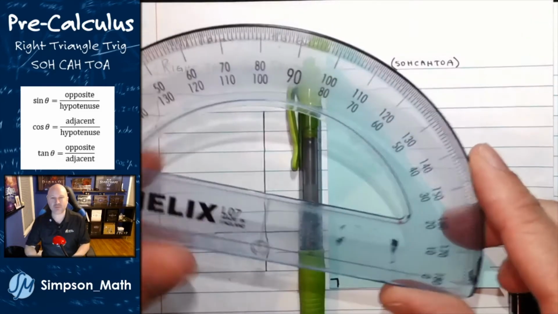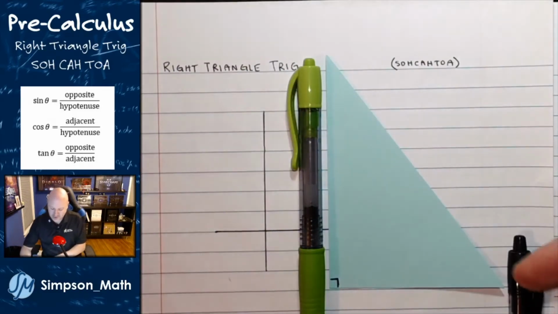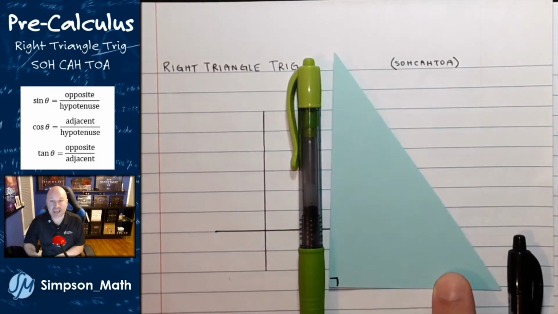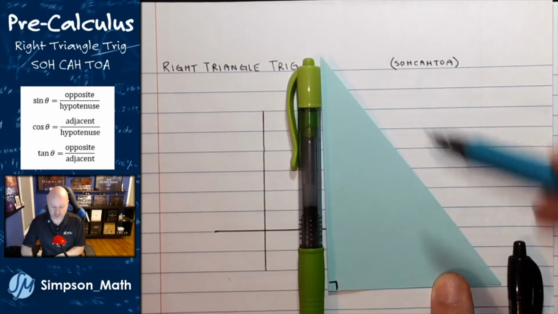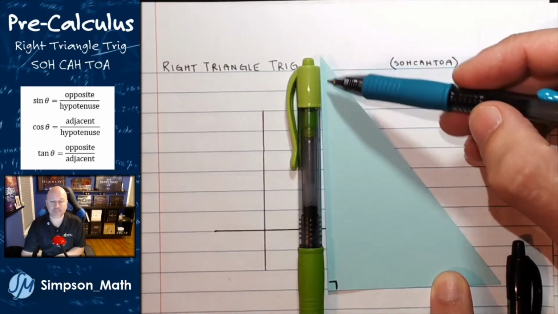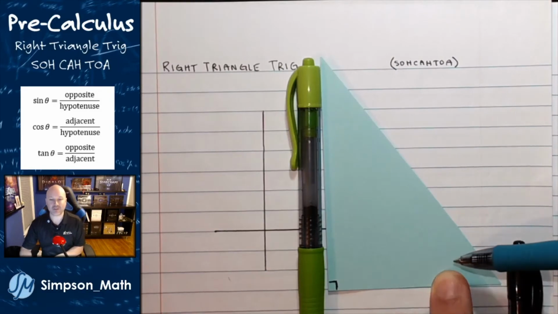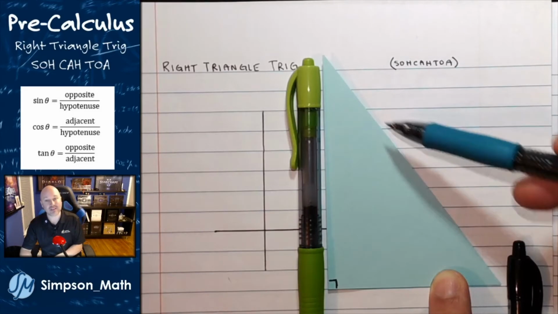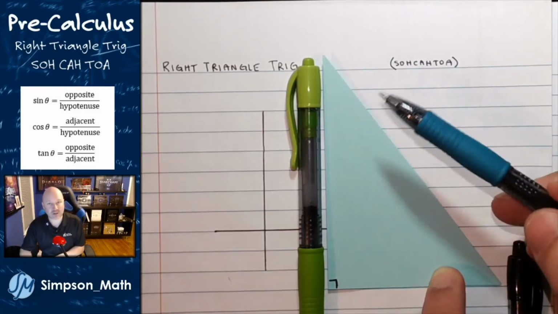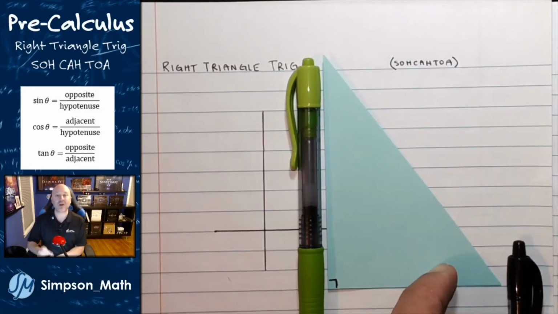And maybe you have some sort of protractor, so you're able to measure this angle down here, the angle from the ground to the height of the tree. Given that information, we can calculate the height of the tree, and maybe even the hypotenuse, and maybe even other angles.